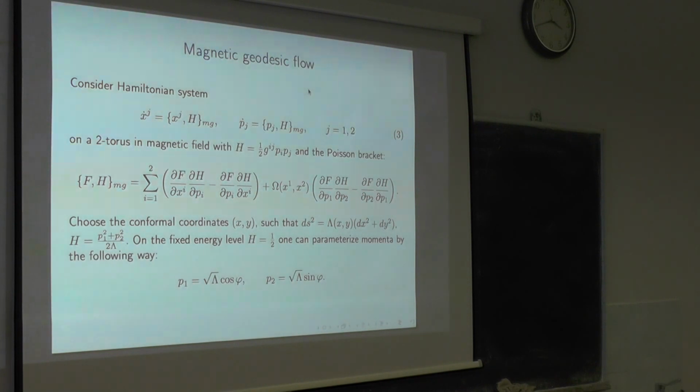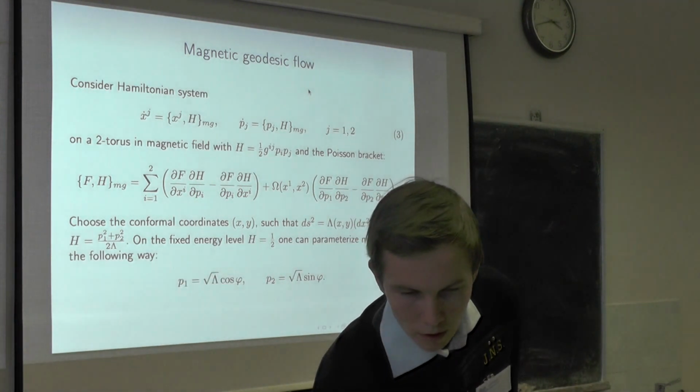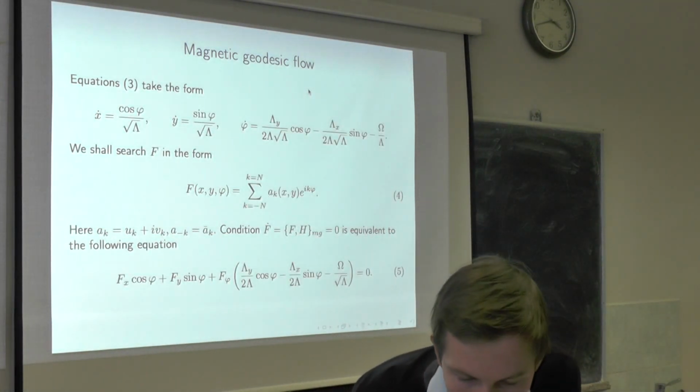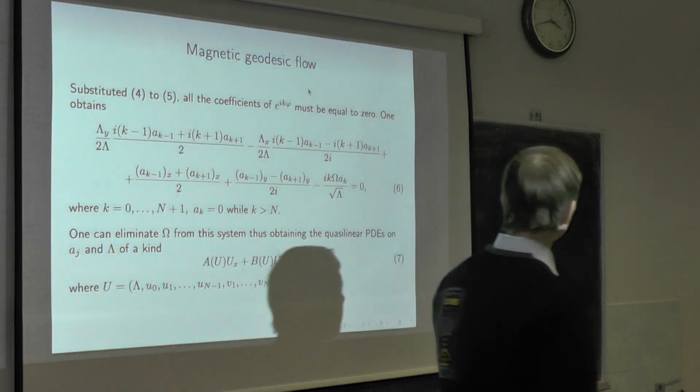So it is natural to consider integrability at least on a fixed energy level. So we fix the Hamiltonian equal to 1/2, and then we may parameterize the momentum in the following way.